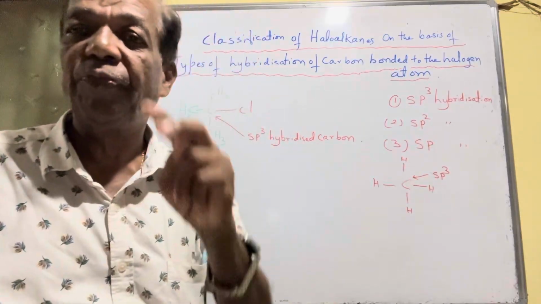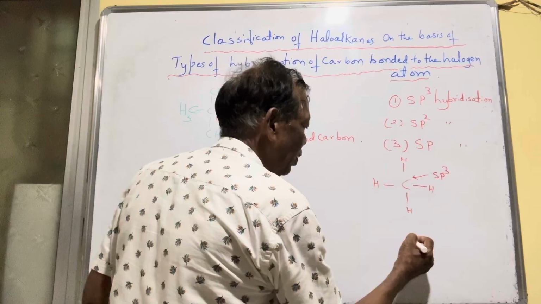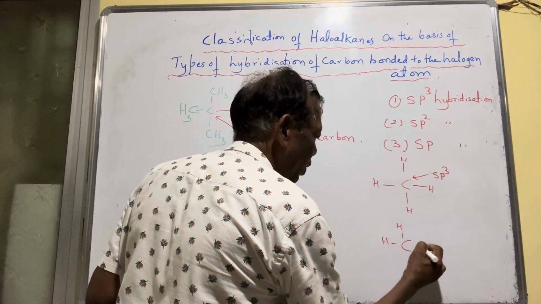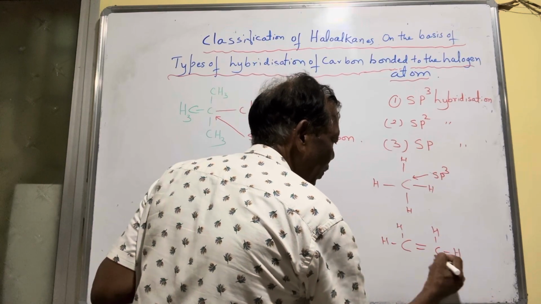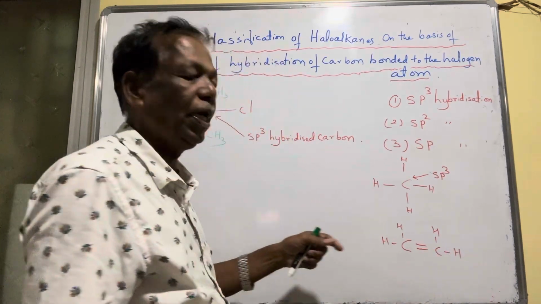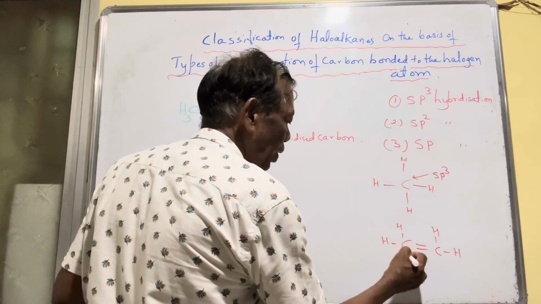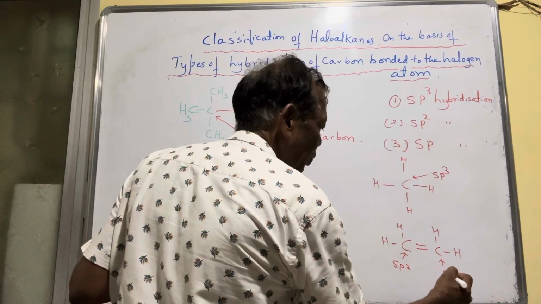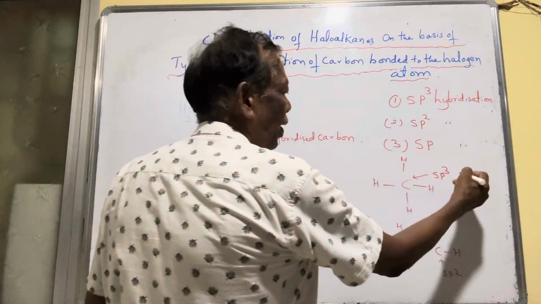So total bonds formed will be 3. Let me just make it a shortcut here, because you all have learned this in the 11th standard, you have to revise that. So this will be sp2. So this carbon is said to be sp2. This is also sp2 hybridized. So these are sp3 hybridized.